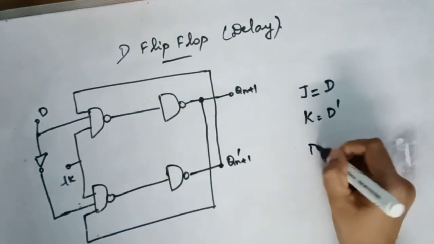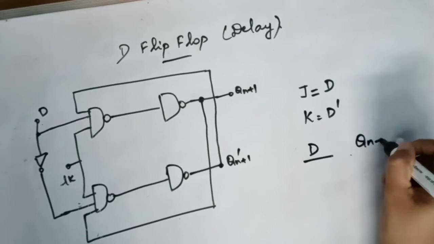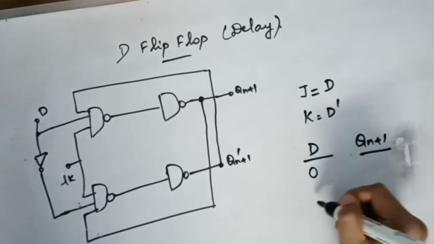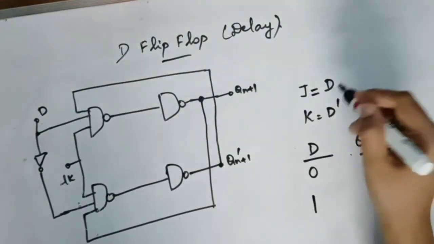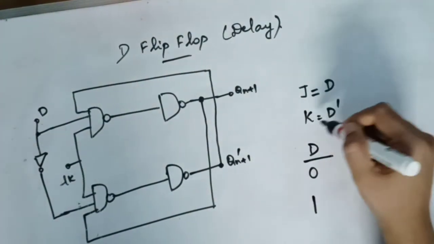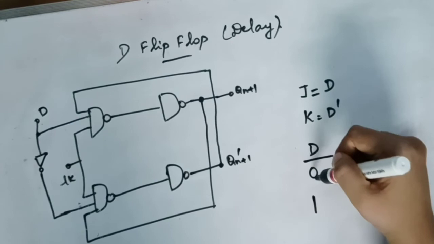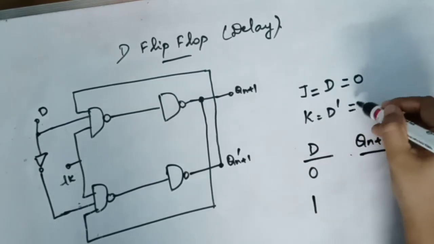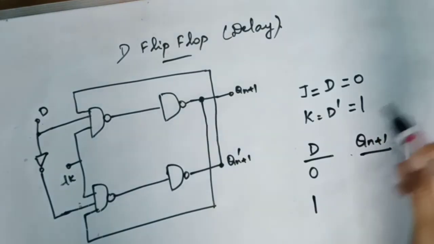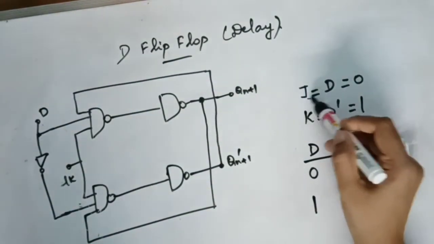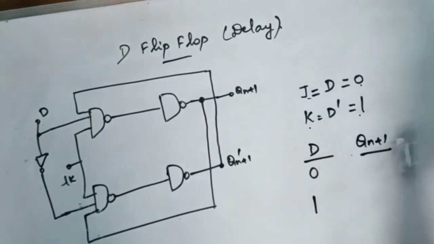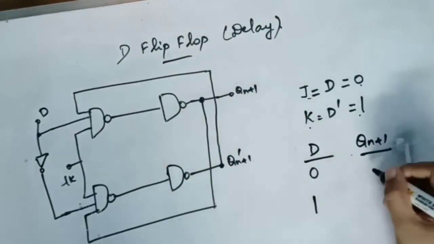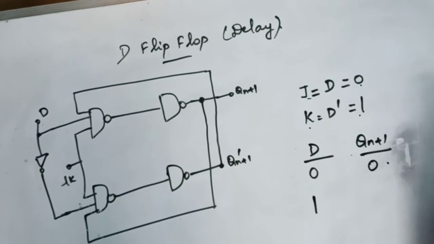So for the D flip-flop, D is either 0 or 1. J equal to D and K equal to D bar. D equal to 0 means J equal to 0 and K equal to 1, and J 0, K 1 gives 0.